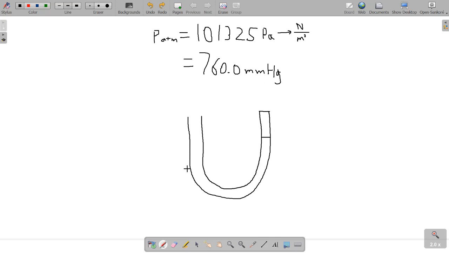It's like here, we have mercury, and here is atmospheric pressure.